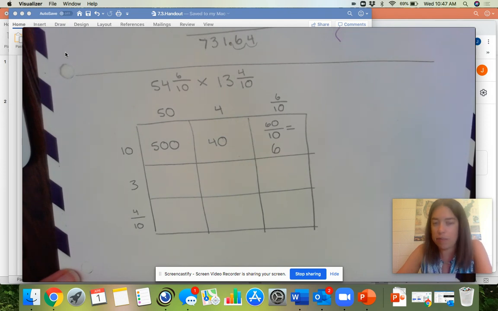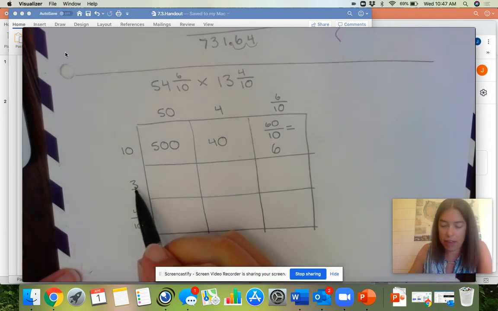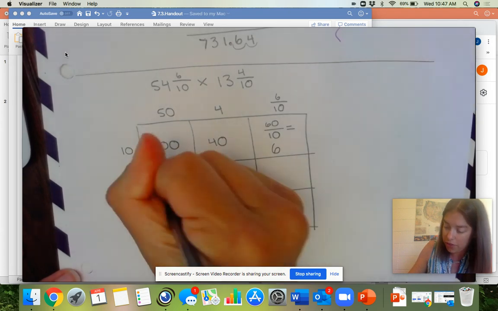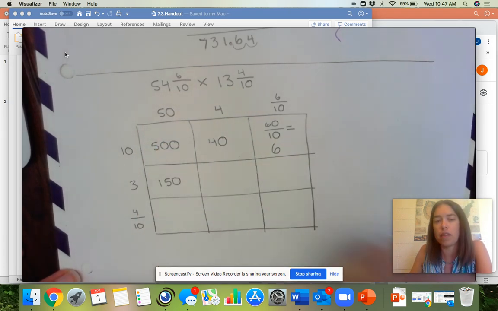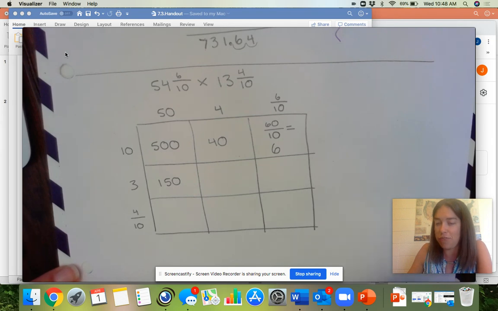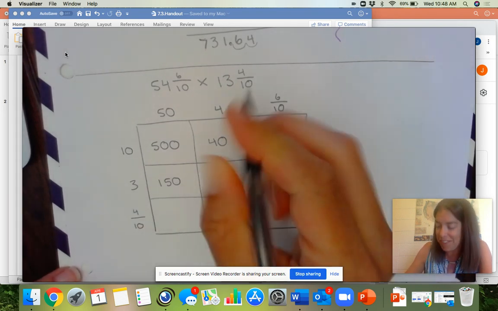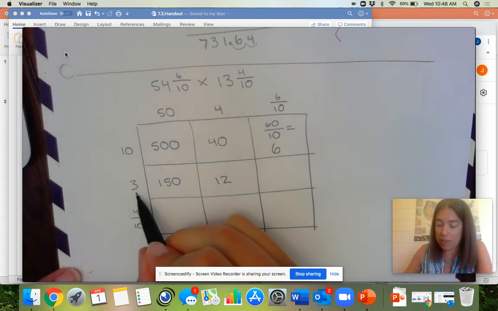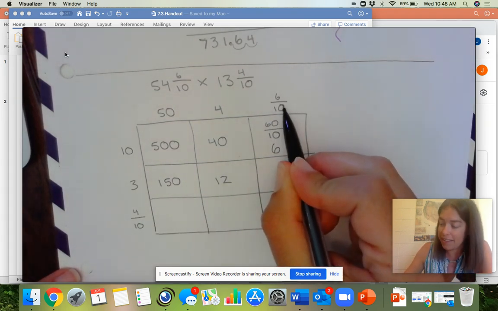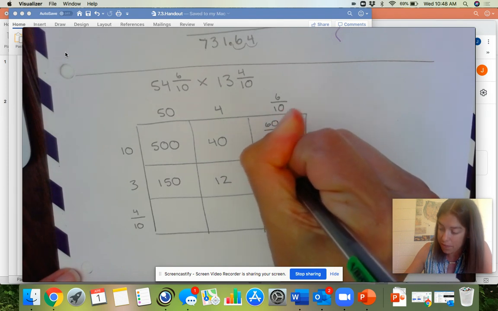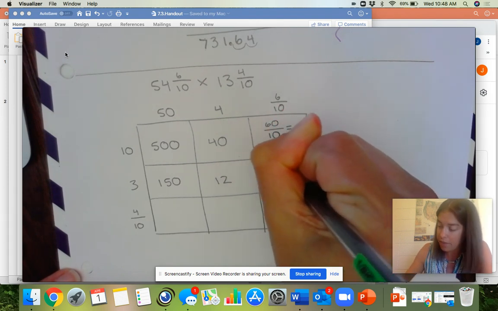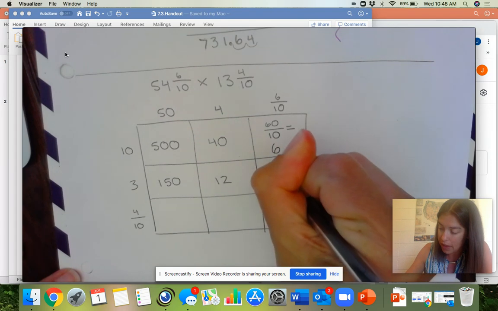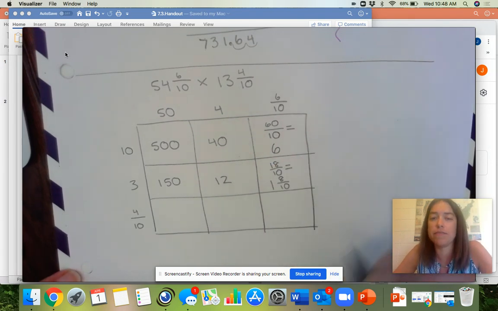All right, let's keep going. 3 times 50 is 150. 3 times 4, 12. And 3 times 6/10 is 18 tenths. And I can reduce that to 1 8/10. All right, one more row to go.